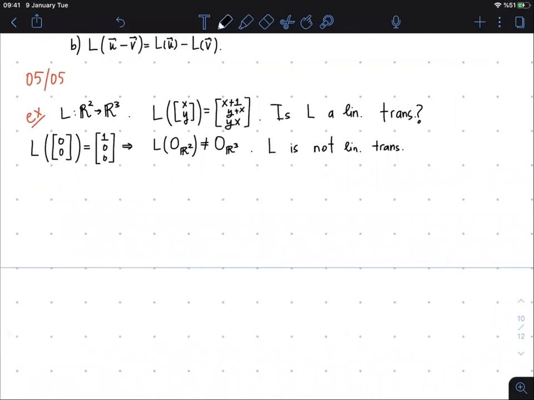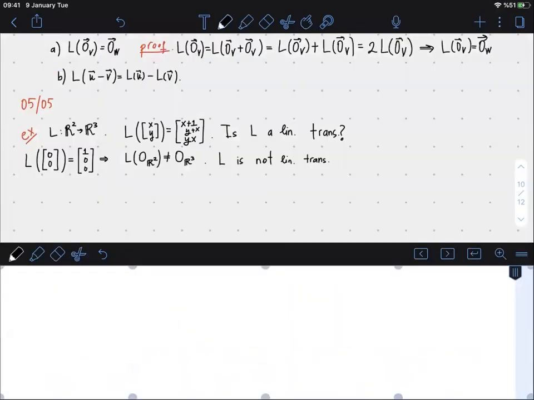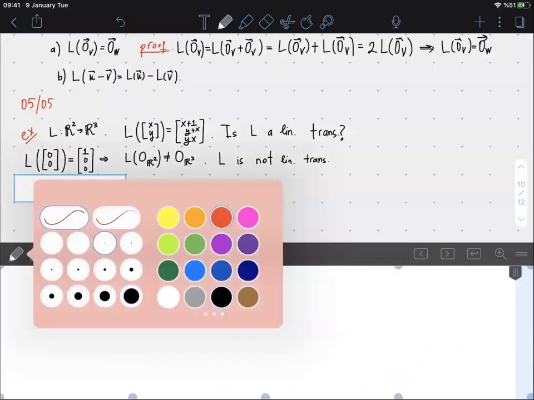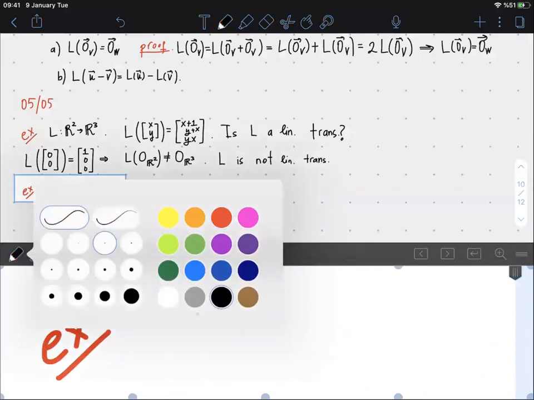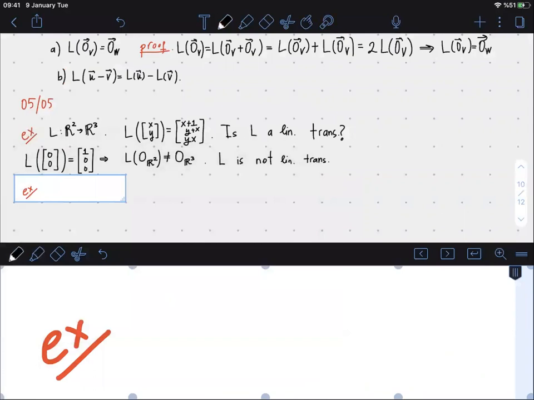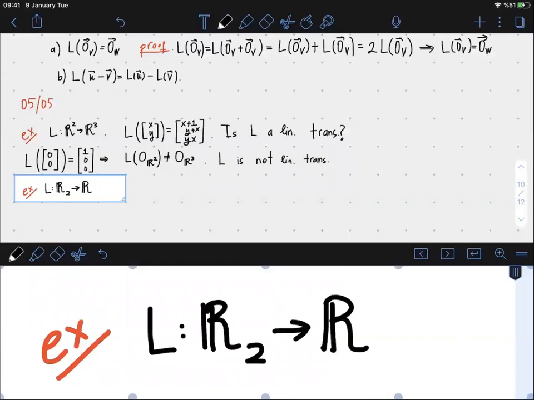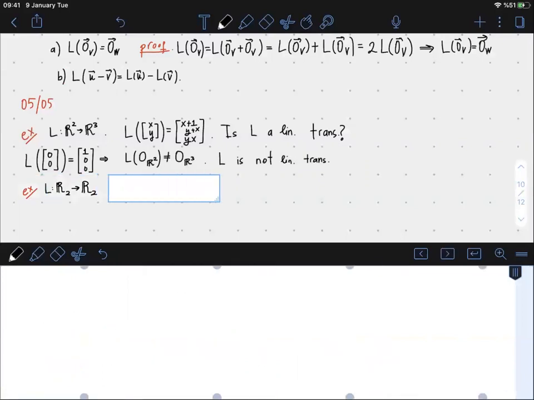Now let's look at this example. Let's consider a linear transformation L from R2 to R2. This time we are given that this is a linear transformation.